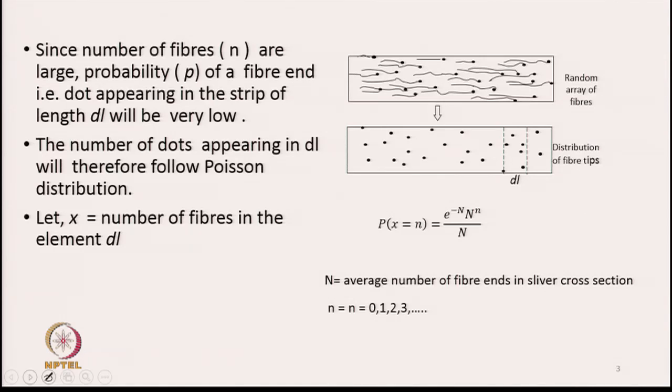Since the number of fibers is large, the probability of a fiber end, that is a dot, appearing in a strip of length dl, as shown in the lower diagram, will be very low. The number of dots appearing in dl will therefore follow Poisson distribution.